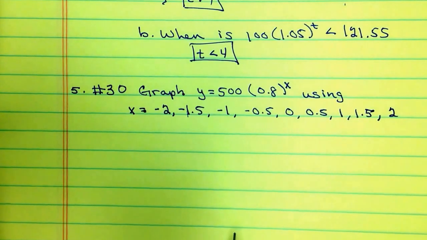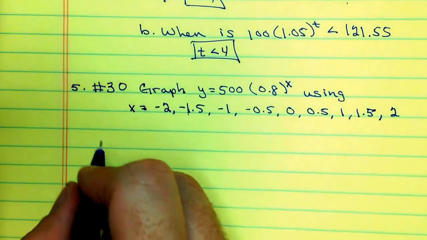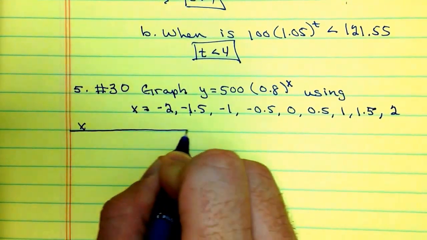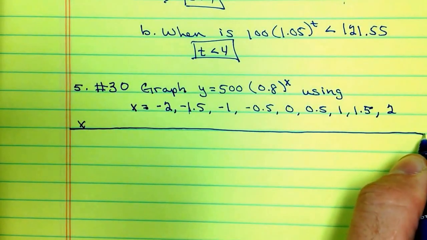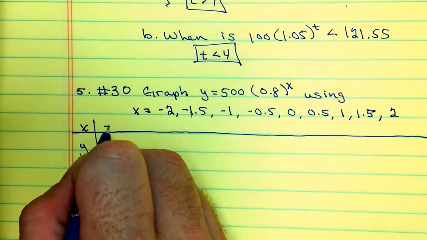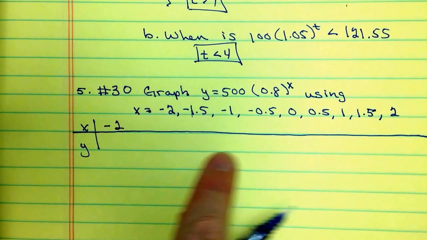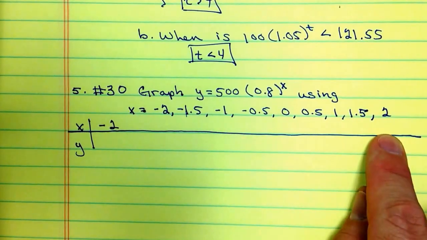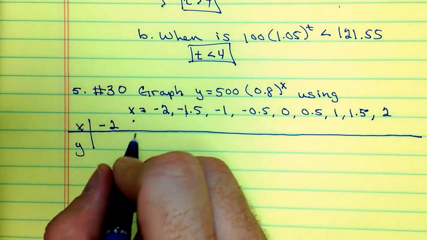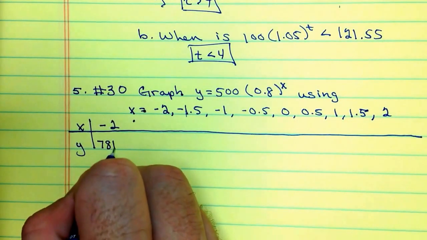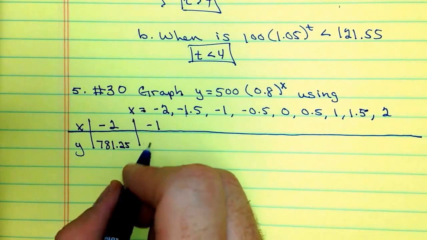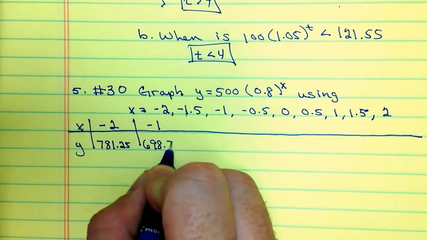Okay, so let's see. So first, we'll use a table to get all these values. So x, and this is going to be a pretty big table. Y. So you guys go ahead, press pause, write your table out, and get all these values. Alright, so then it's my turn, so I'll plug -2 in, 781.25. I plug -1.5 in, I get 698.77.